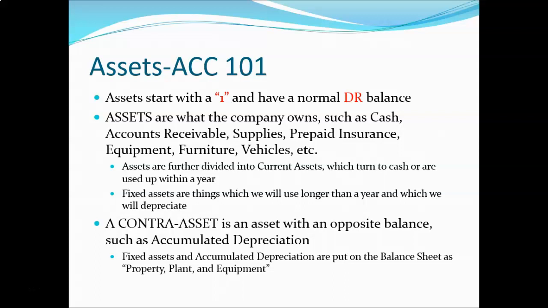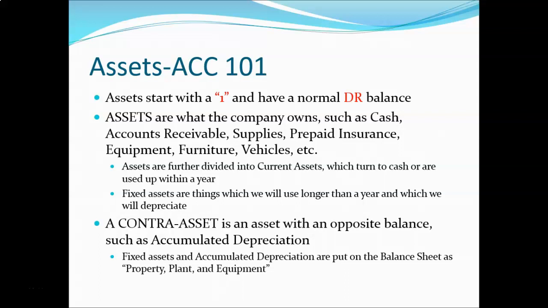Fixed assets are things that we use longer than a year, and we're going to depreciate typically. Fixed assets are also sometimes called plant assets. We learned those would be the equipment, the furniture, the vehicles, etc. A contra asset is an asset that's attached at the hip to an account like equipment, but it has an opposite balance.